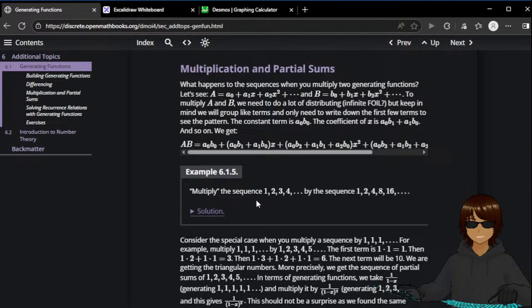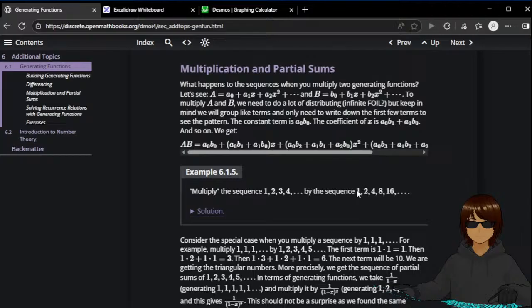So we multiply the sequence by the sequence. Multiply 1 with all of them, 2 with all of them, 3 with all of them. The terms are a0 b0, then a0 b1 plus a1 b0.